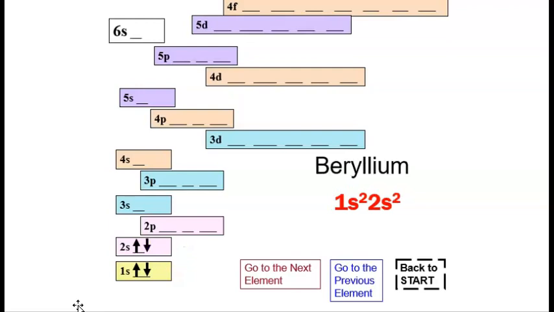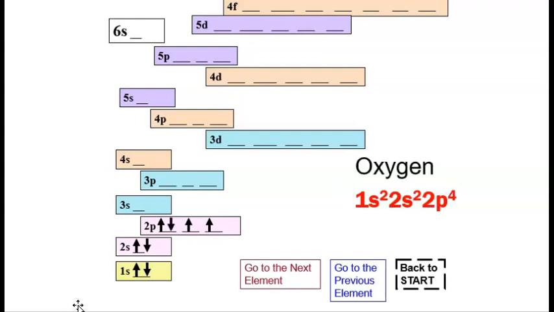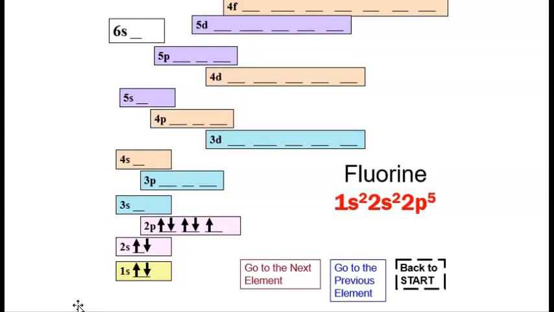Beryllium has 4 electrons, so you'd fill it out on your second group. Boron has 5, so you start filling in your 2p level. Carbon has 6, add another one. Nitrogen has 7, add one more. Oxygen has 8. Fluorine has 9. Neon has 10. It follows your octet rule because it has all 8 electrons in your valence shell.